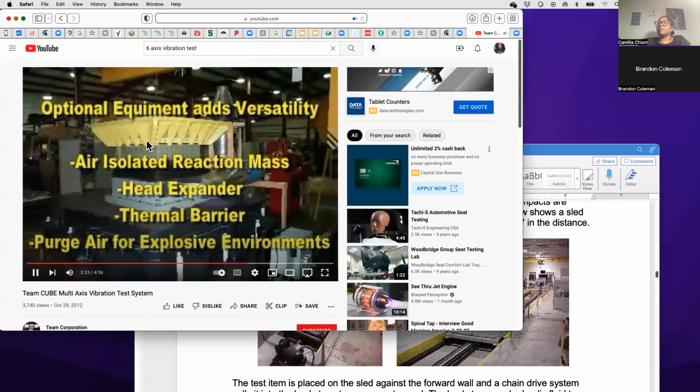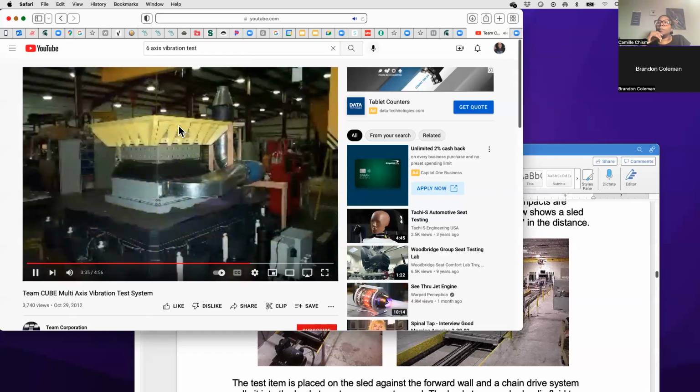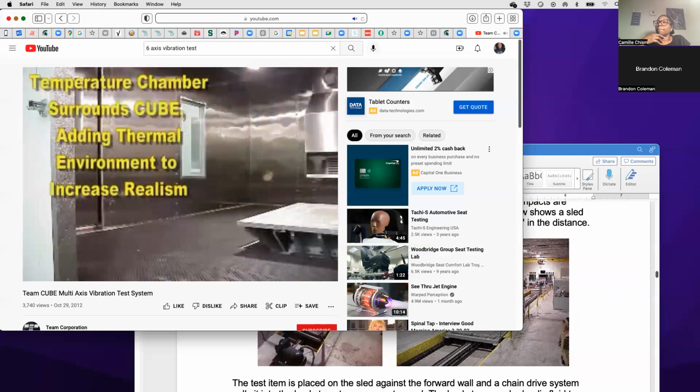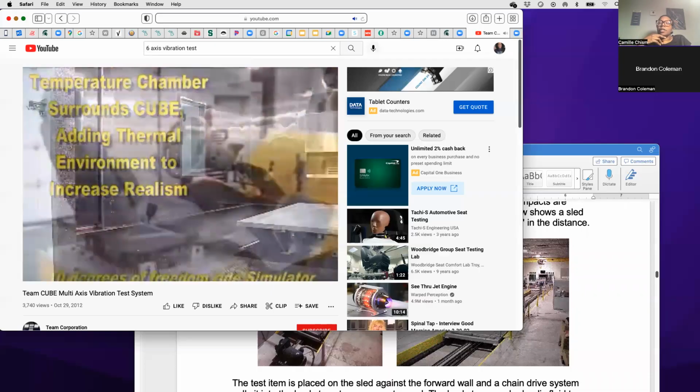So you can see this is an even bigger one, a bigger platform. Now again, it looks like a traditional table for vibration that we're used to seeing in packaging. This one, they even have a temperature chamber available.